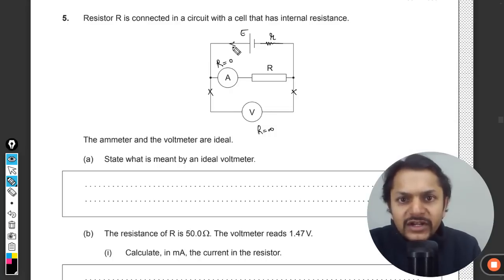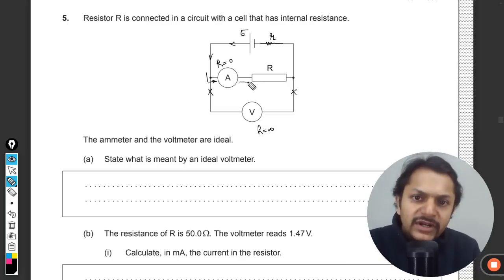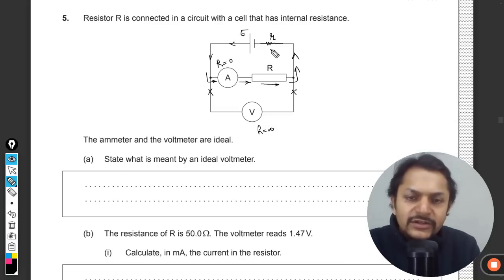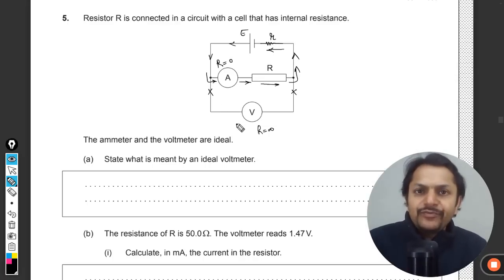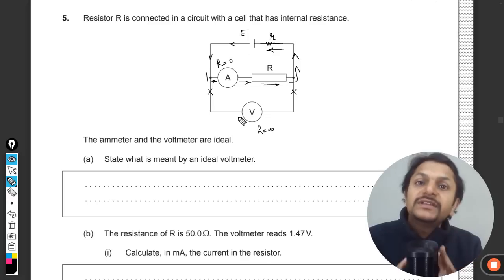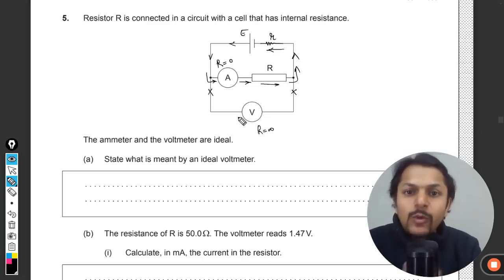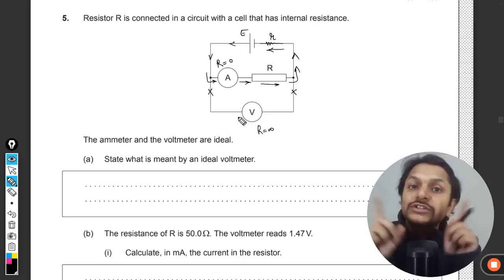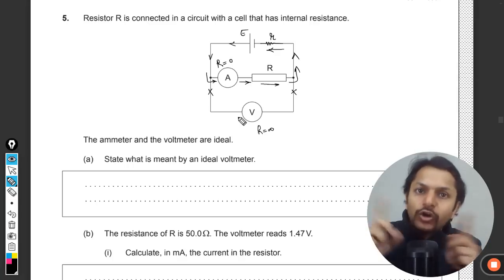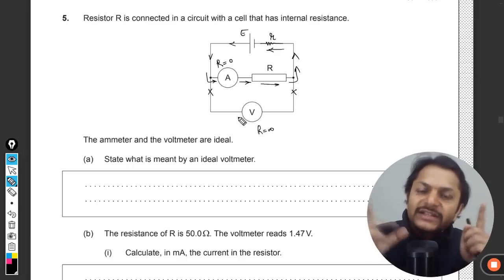So all of the current that is coming here simply goes to the ammeter, crosses it over, and goes on like this. It does not enter this branch, but still the voltmeter is going to give you a reading: the voltage difference across the resistance R, across which the voltmeter is attached.